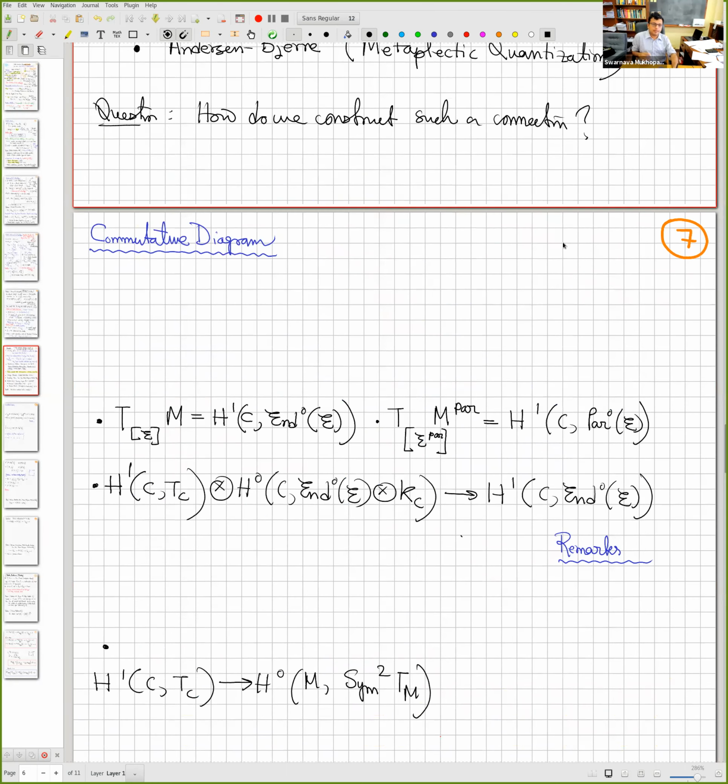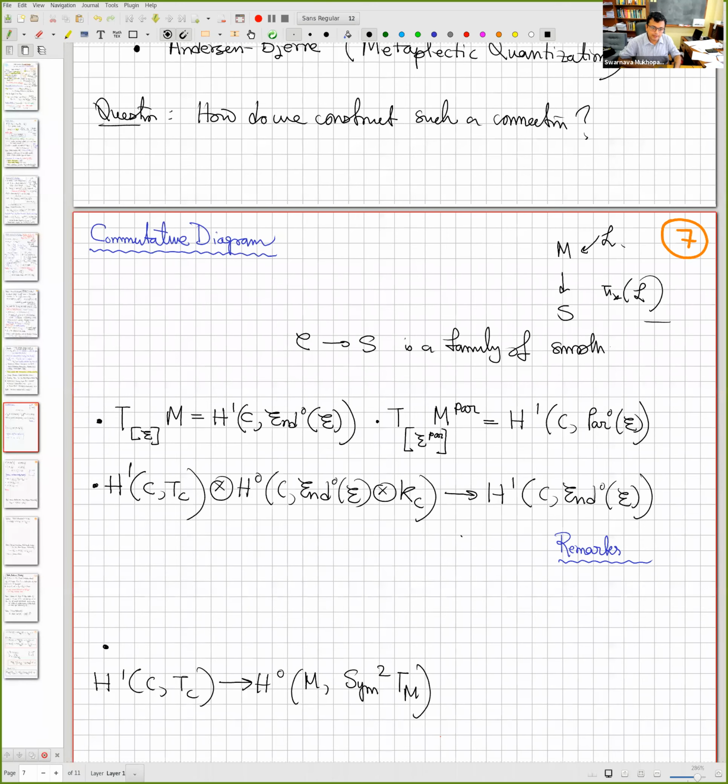Okay, so again, recall that we had M and we had S and we had a line bundle L, and we wanted some connection on here. Now let me enhance this commutative diagram as follows. Suppose C to S is a family of smooth curves.